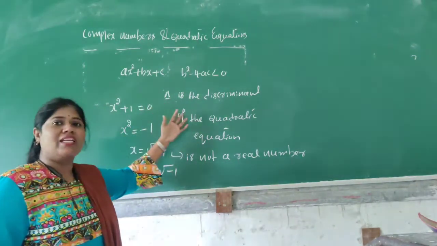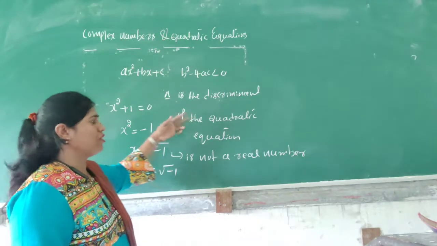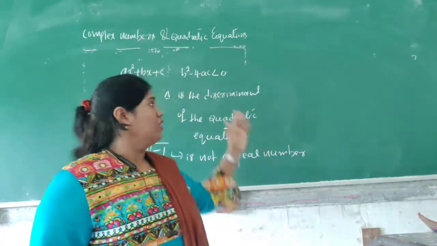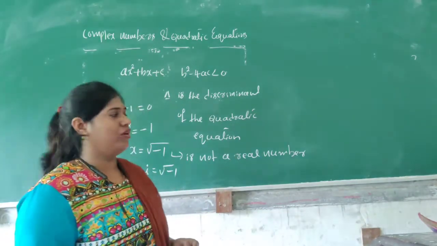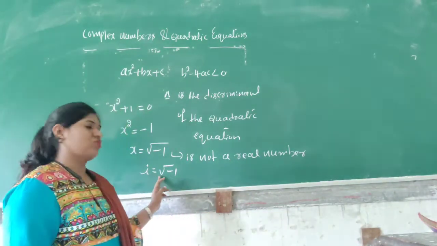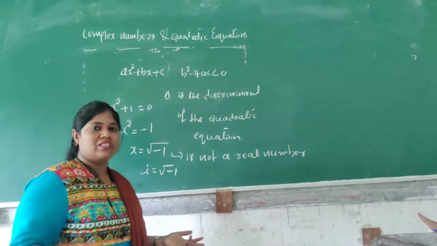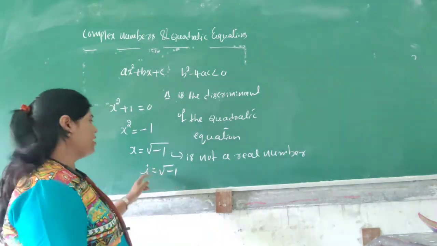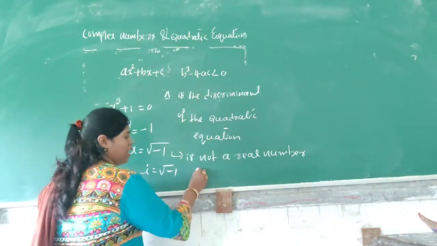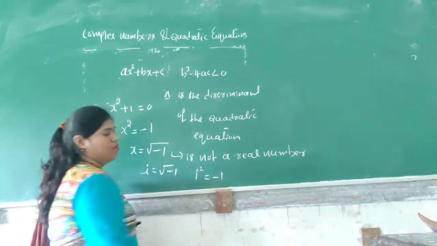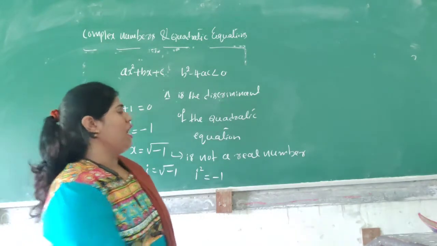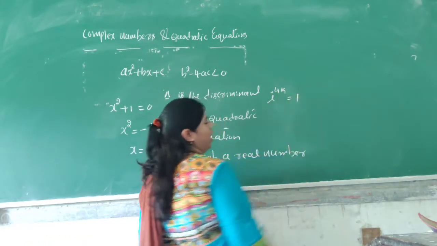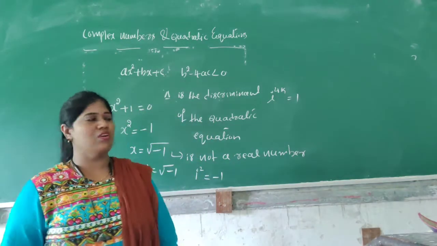What is i? i is the imaginary number, a number whose square is negative. So i is equal to the square root of minus 1. We studied in the previous class the integral powers of i: i square is equal to minus 1, and in general, i raised to 4k is equal to 1.